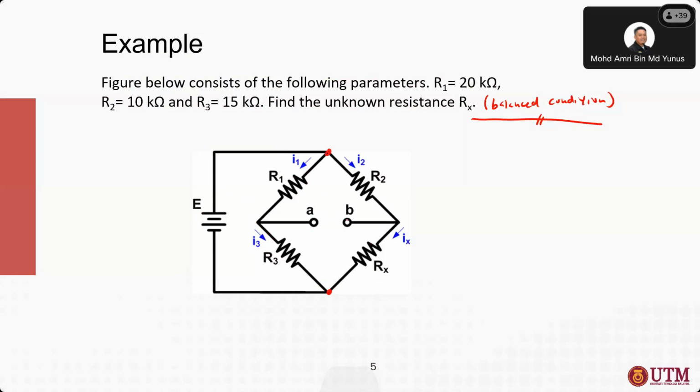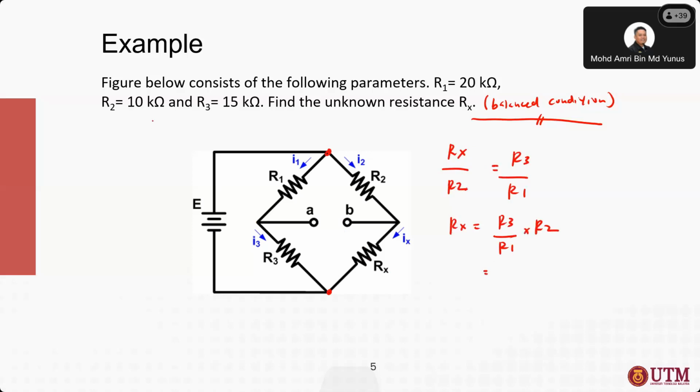If you see this orientation of the Wheatstone Bridge, you can immediately use the equation: in balance condition, the ratio of Rx over R2 is equivalent to R3 over R1, or Rx equals R3 over R1 multiplied by R2.